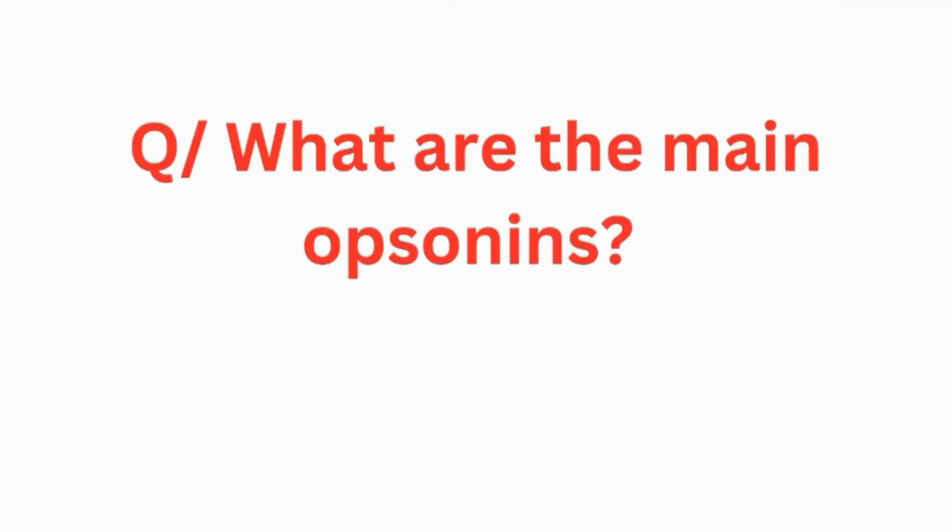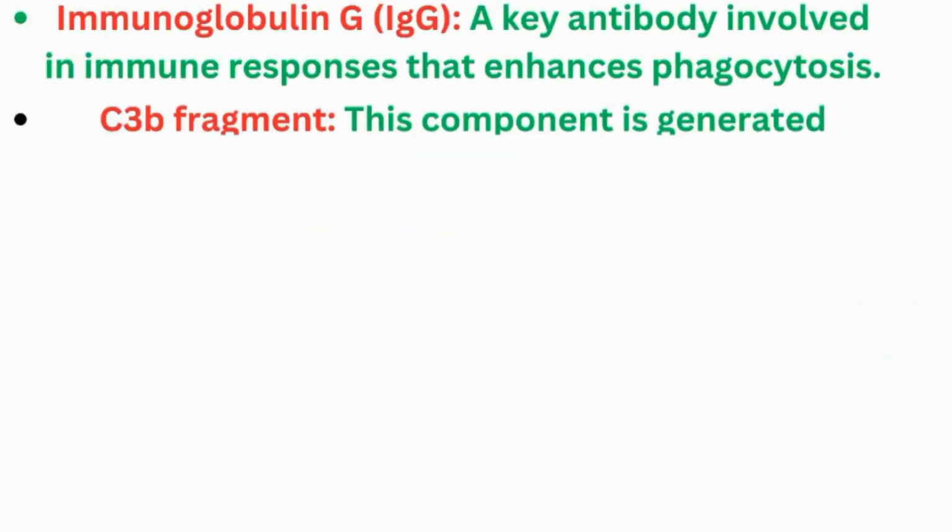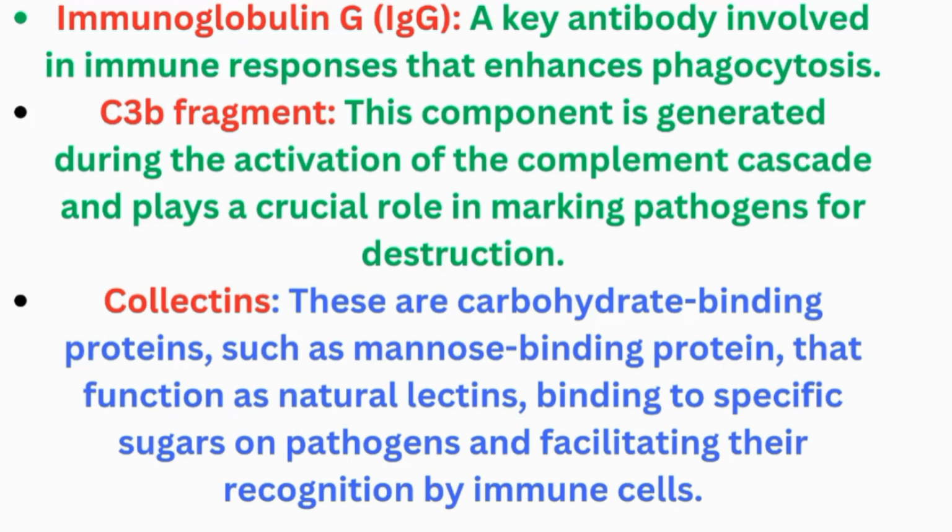What are the main opsonins? The answer? Immunoglobulin G, IgG, a key antibody involved in immune responses that enhances phagocytosis. The complement 3b, C3b fragment.